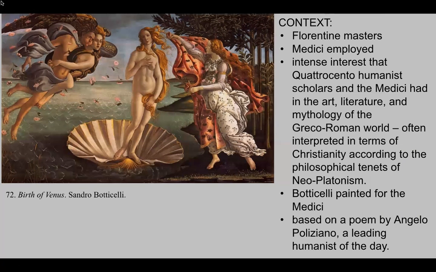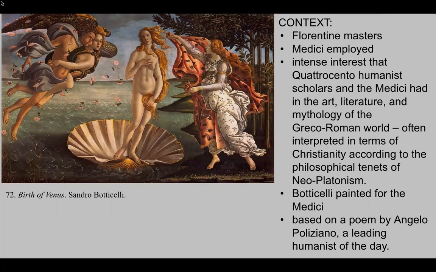This is where we see Florence having its spotlight as a great center of the world, or at least the Western world. It's a place of art and literature and learning through the classics, and they're reinterpreting all of this philosophy through the lens of Christianity. Neoplatonism is trying to make the connection between philosophy and Christianity.